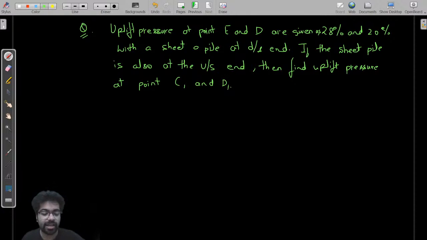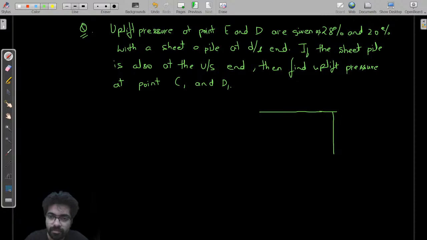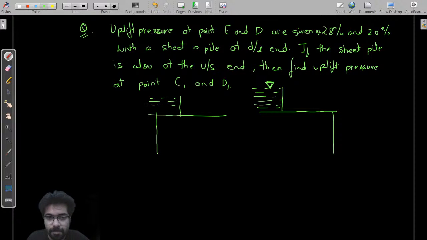Now let's draw the diagram which is there in the question. This is the diagram they have given in the question.